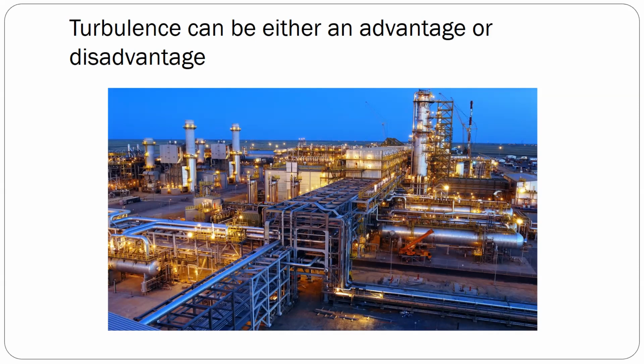For example, airflow around a vehicle, all right? Kapag mataas yung turbulence, mataas yung resistance. So ang ginagawa ng mga automobile manufacturer is that they try to suppress the turbulence, okay, by designing the car to lessen the resistance, to lessen the turbulence, and thus improve efficiency.